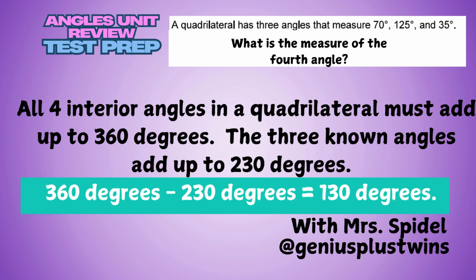Whatever those three interior angles equal, I need to subtract that from 360 degrees. When I subtracted 230 degrees from the 360 degrees, I was left with an answer of 130 degrees. 130 degrees is the measurement for the fourth interior angle in this quadrilateral.